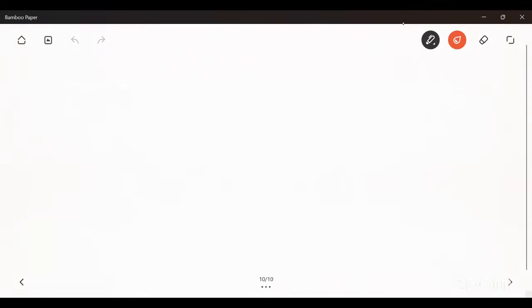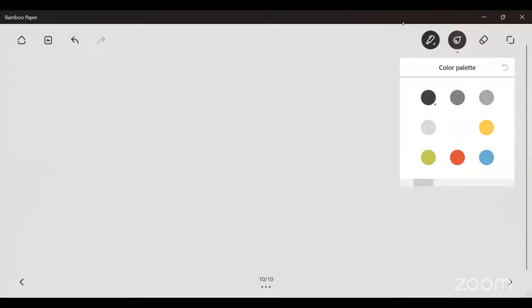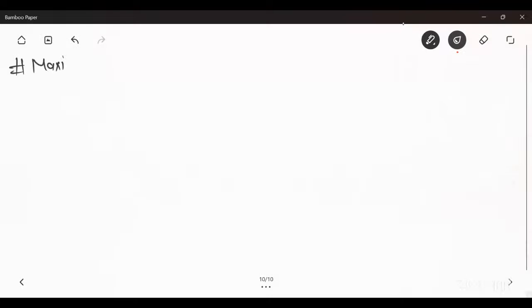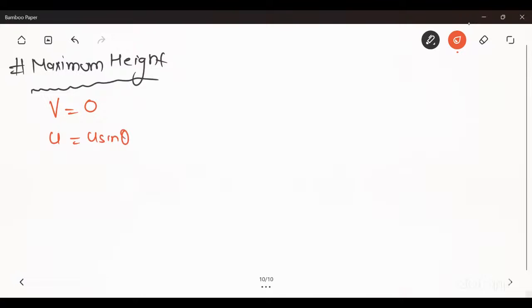Next is the maximum height. So the maximum height is at point B, and at point B we know that the final velocity will be 0 and the initial velocity will be u sin theta, because the height will be due to the vertical component of velocity only.